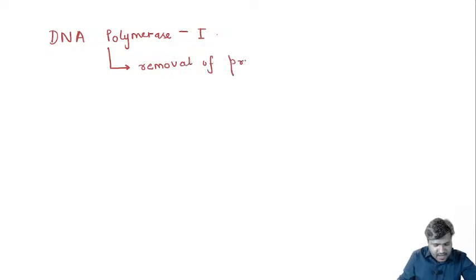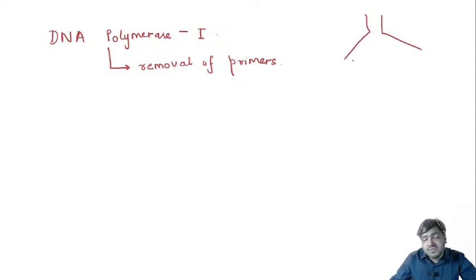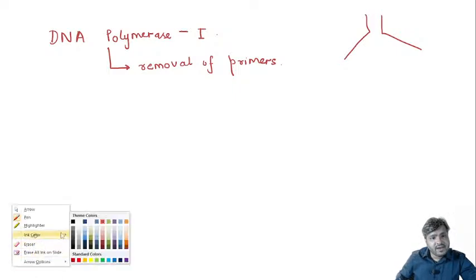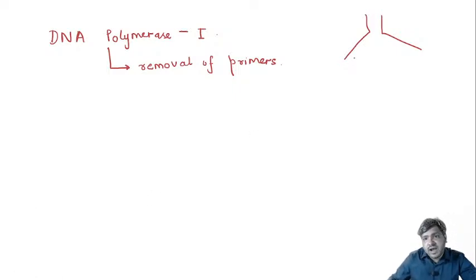You already know that we have the replication fork, and for the new strand to be synthesized, we need RNA primers. DNA polymerase 3 cannot act from scratch, so an RNA primer is required.